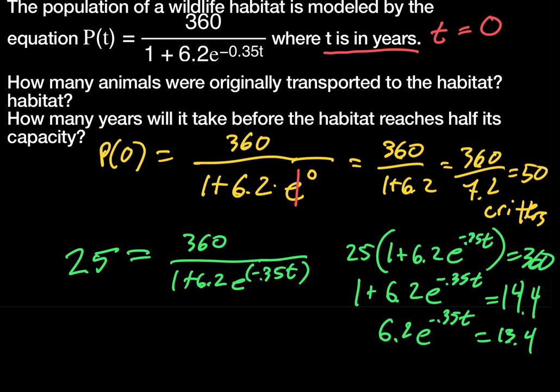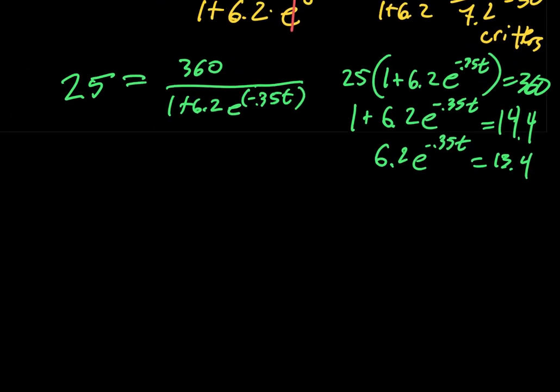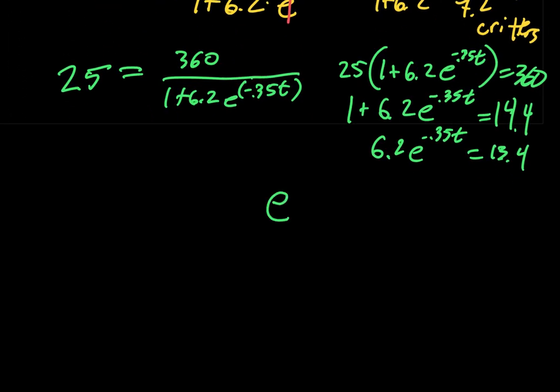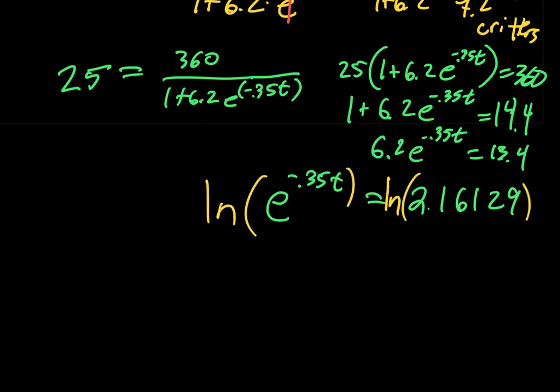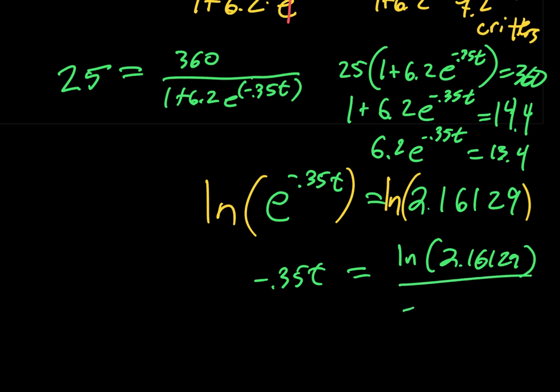Divide by 6.2. e to the negative 0.35 t equals 2.16129. Take the natural log of both sides. Negative 0.35t equals whatever that number is. And then divide that by negative 0.35.